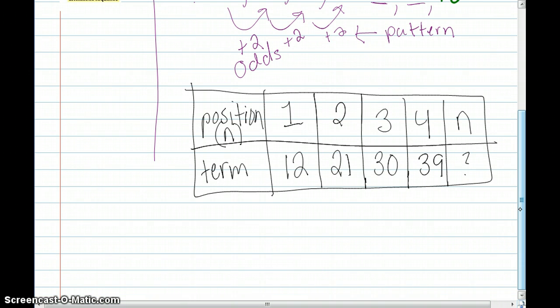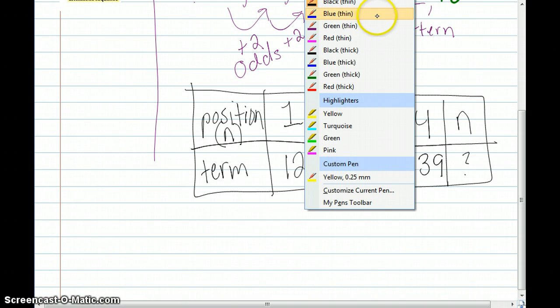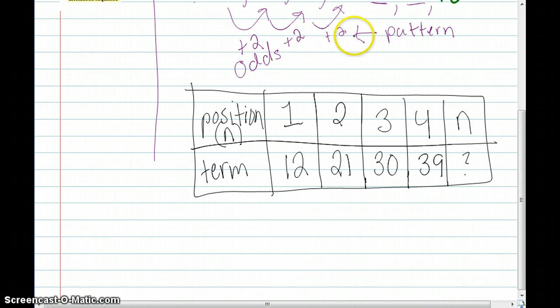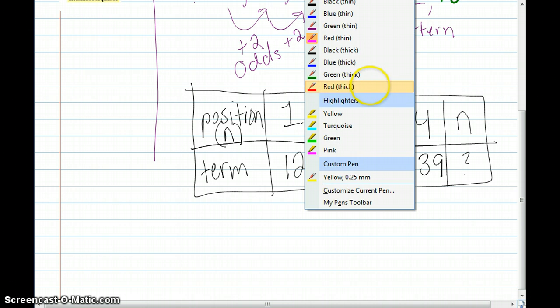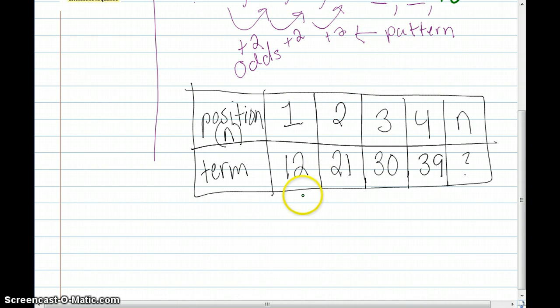So our first step in this one is to figure out what is the pattern. Now, you have to remember the pattern is not just what happens between the first 2 numbers. You have to figure out first what happens between the first 2 numbers, but then does that same pattern happen in between all the rest of the numbers?